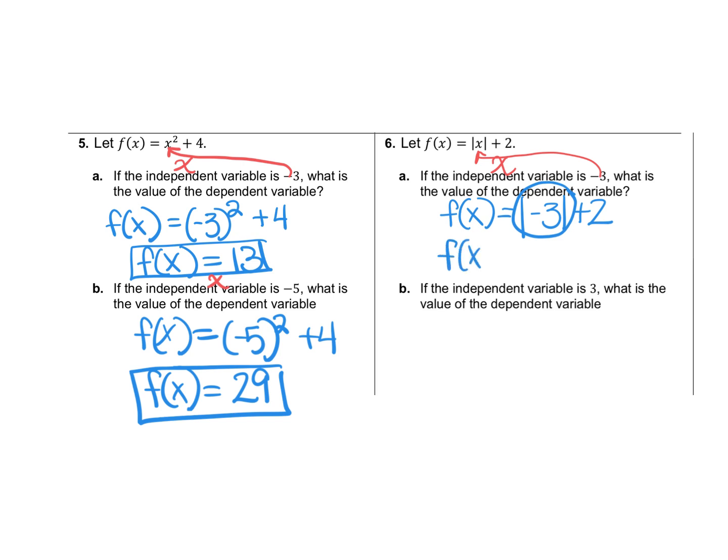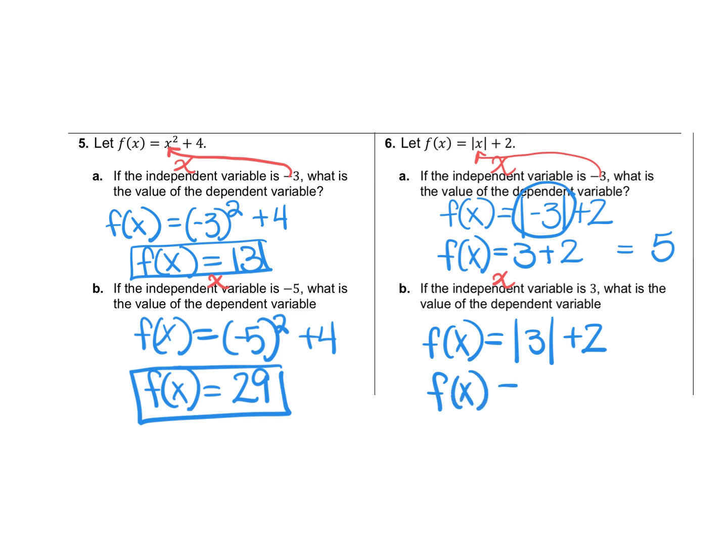So f of x is equal to positive 3 plus 2, making that equal to 5. And once again, when the independent variable is equal to 3, you're plugging in that 3 for the x. So f of x is equal to the absolute value of 3 plus 2. Well, the absolute value of 3 is 3, and 3 plus 2 is equal to 5.